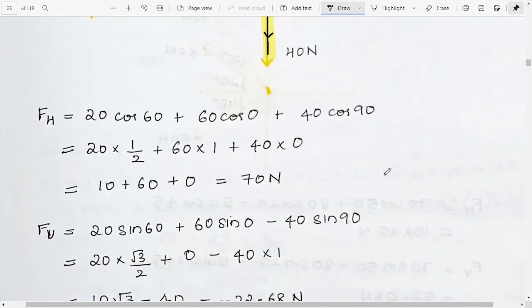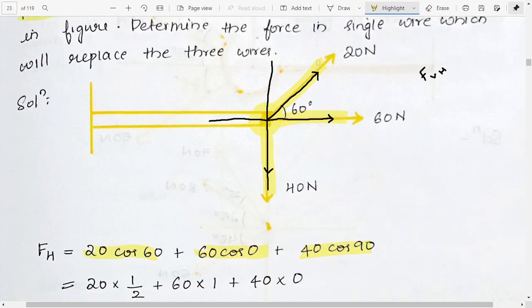So here we have FH is equal to 20 cos 60 plus 60 cos 0 plus 40 cos 90. Why? Because 20 cos 60 is the force on the horizontal axis, which is the resolution of this part. Then 60 cos 0, because 60 is on the x-axis itself. Then we have 40 cos 90, which is 90° from the x-axis.